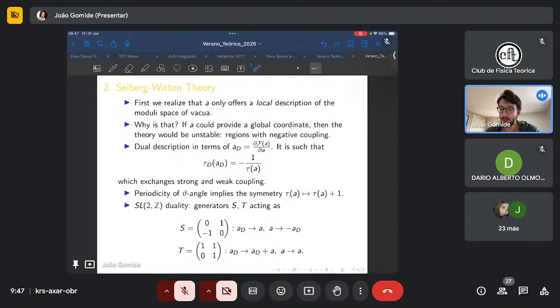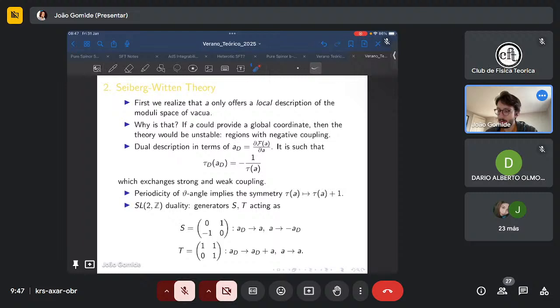And if you rewrite the theory in terms of these dual fields, you see that you're exchanging strong and weak coupling. So the effective gauge coupling of the dual theory is the inverse of the gauge coupling of the original description. And so you have an exchange of strong and weak regimes. So this is another important thing that we have in the description.